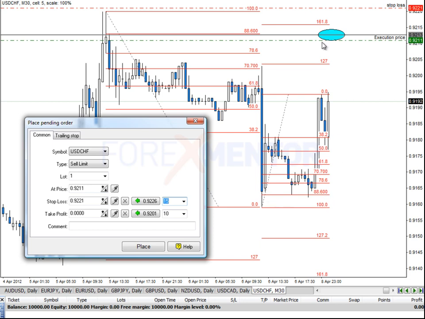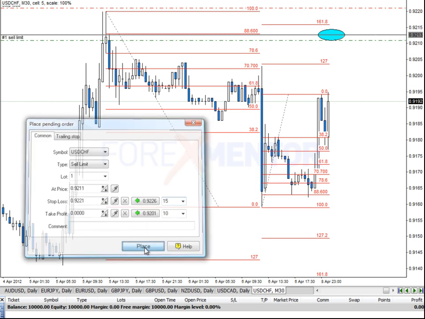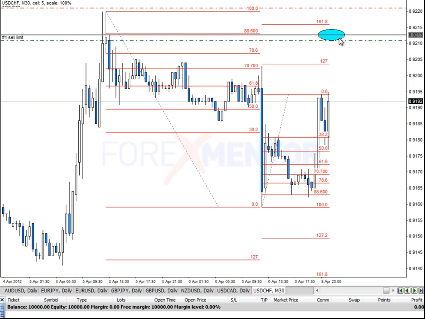I really like to shoot for the lows or even extensions, but it really depends on the environment: are you in a big trend, are you in a range, what's the rest of the market doing. For this example, we'll just put an order in here, and we can look at what happens from there in terms of price action.